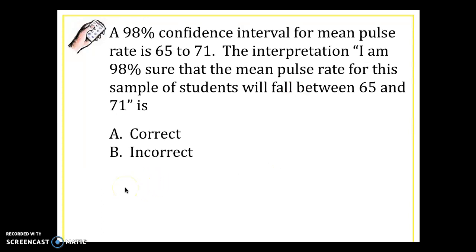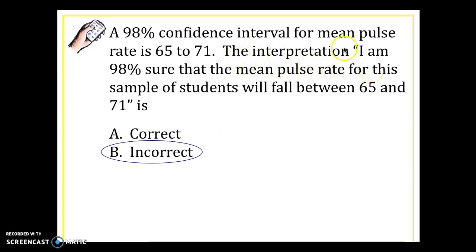All right, 98% confidence interval for mean pulse rate, 65 to 71. The interpretation: I am 98% sure that the mean pulse rate for the sample of students will fall between 65 and 71. That is also false.